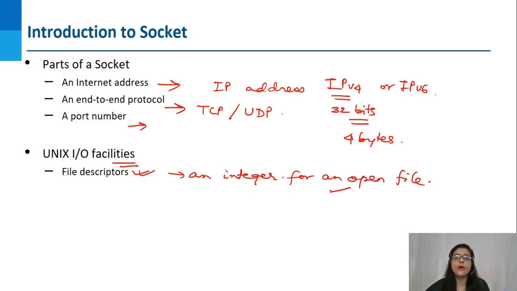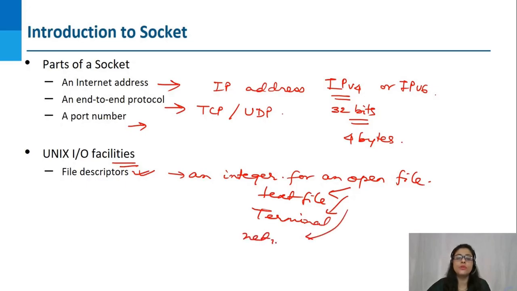Now, this open file can be a text file, it can be a terminal, it can even be a network connection, etc. So just like Unix I/O facilities, we use here file descriptors, low-level file descriptors.